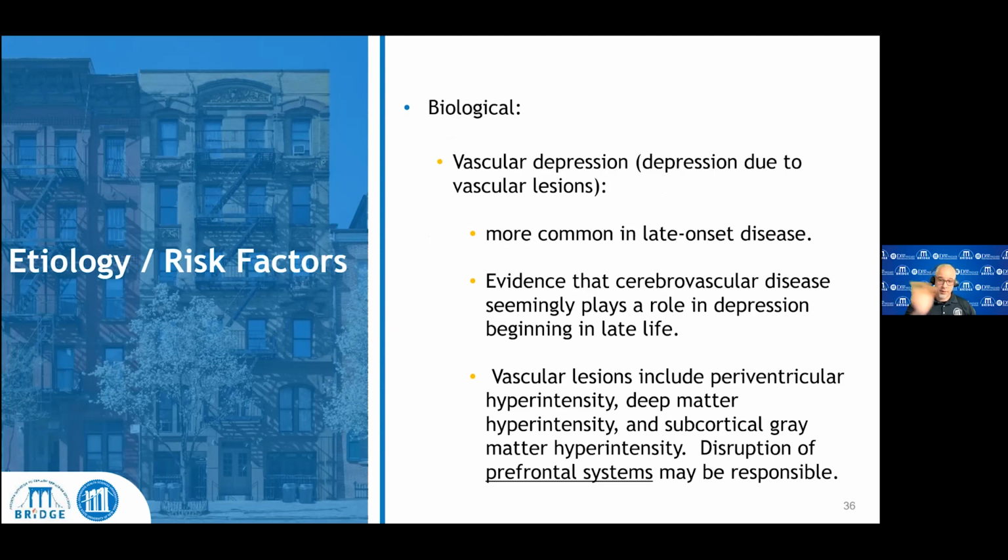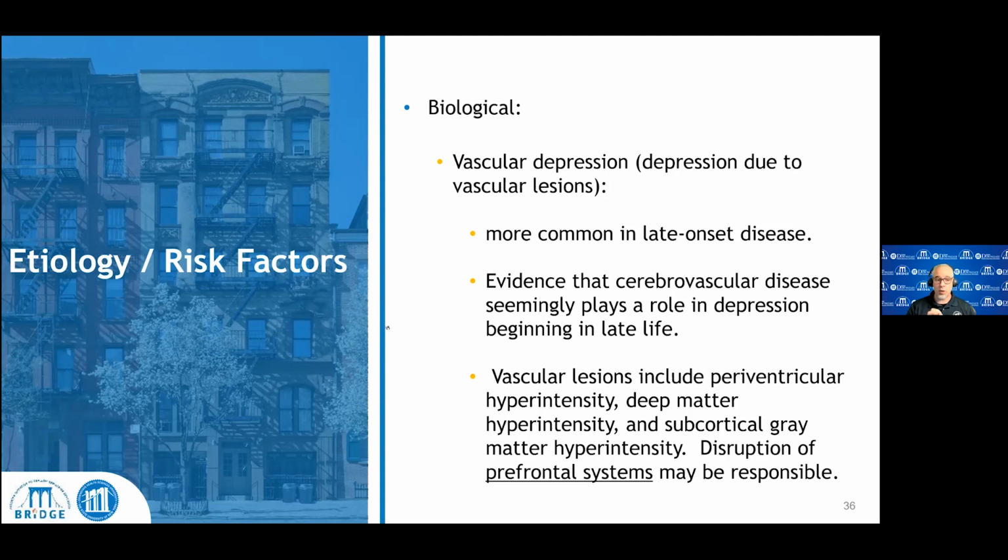And of course, just to parse out one of those a little further, vascular depression, which is depression due to vascular lesions, is a major subtype of late life depression, and also contributes to worse prognosis and treatment resistance in this population.